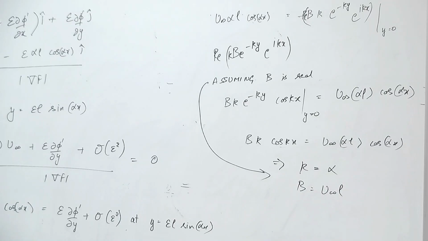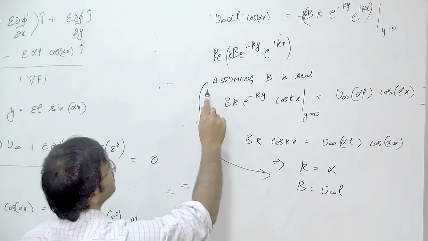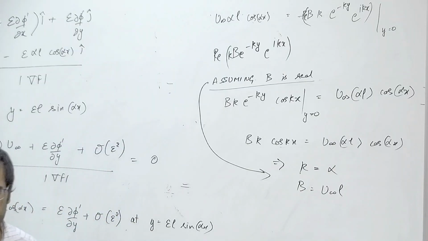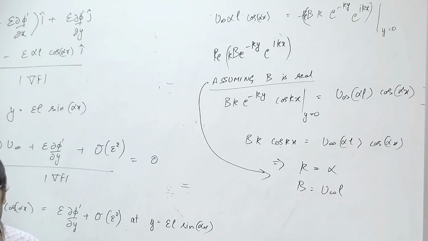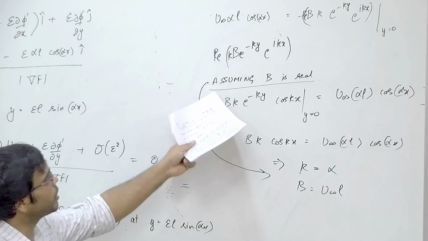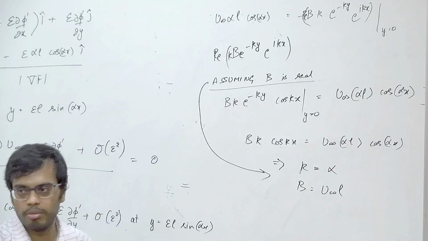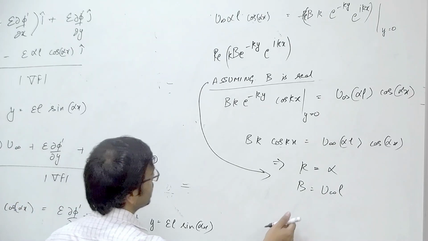If our assumption had been wrong, then this would have been contradictory, and we would have said you cannot proceed by assuming b is real, so assume b complex and move forward. But we can assume b is real, because we get a real value of b. There is no contradiction here.